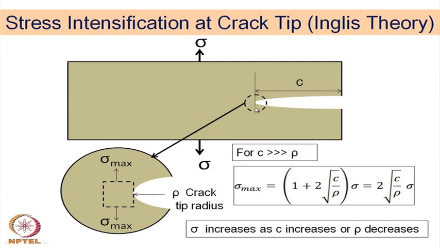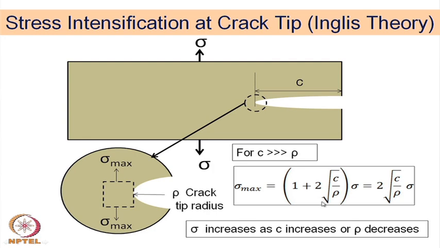Okay. So, the crack tip here is a very sharp tip, and that sharpness is defined by the radius of curvature rho, and the half length is c, then you have an expression like that.